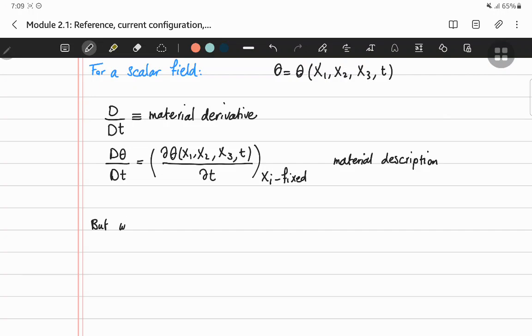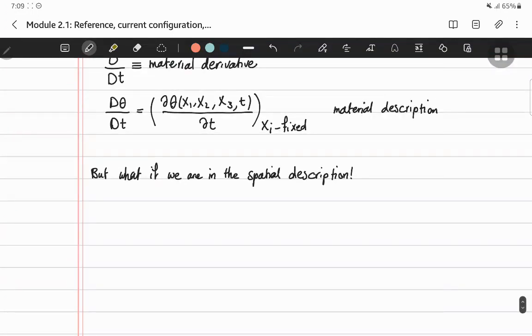But what if we are in the spatial description? For this one, let me just change the color maybe.